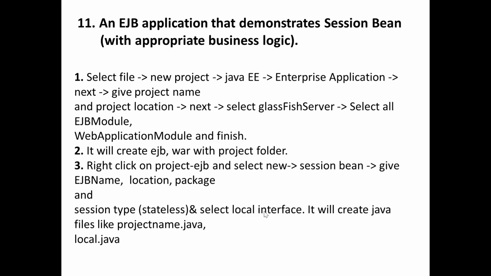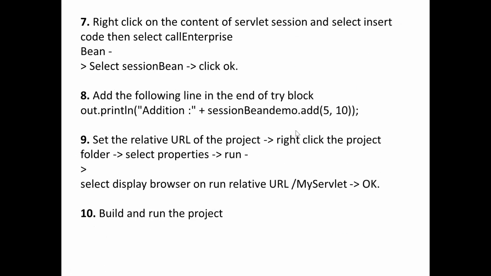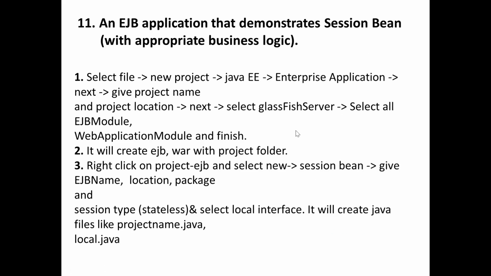So this is the first program, the 11th program, an EJB application that demonstrates the session bean with the appropriate business logic. So these are the steps to execute. First execute before we configure the project.